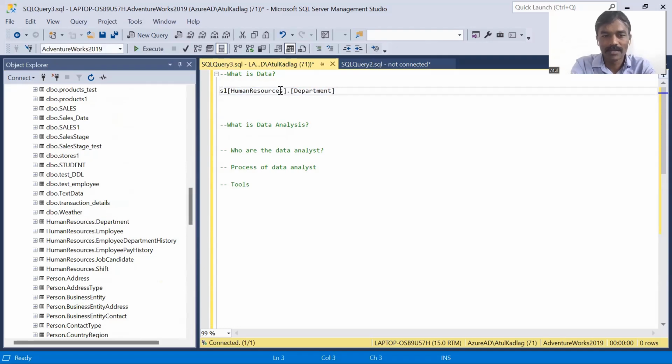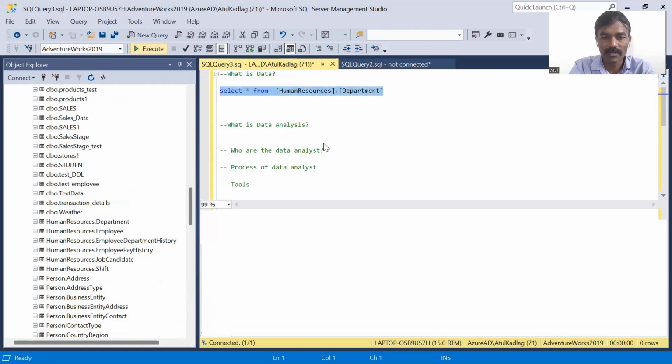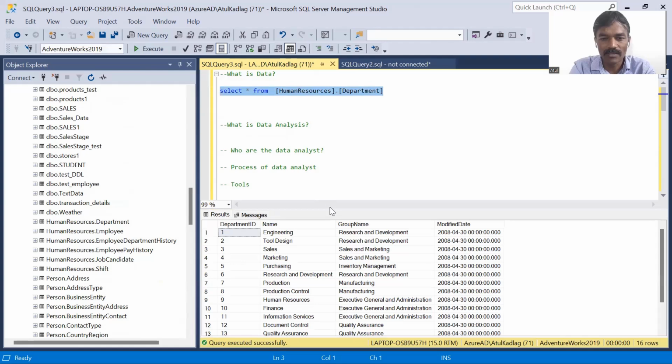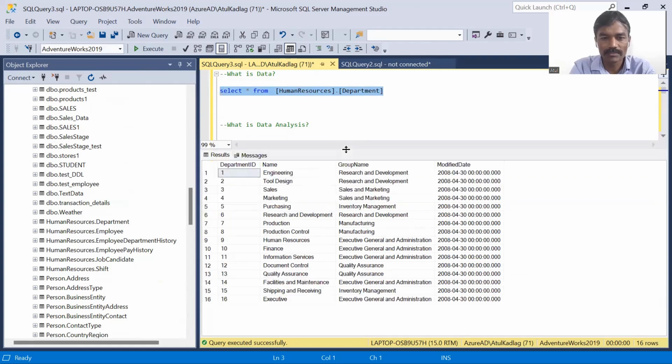I'm just querying it from Microsoft SQL Server and trying to execute it. Now, if I show you what this table holds, you can see it has the department ID, then department name, group name, and modified date. So these are some sample columns of sample data, which hold some of the information about the departments.